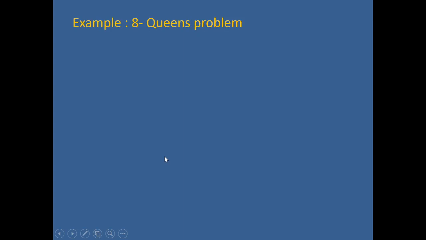To explain backtracking, one of the first examples we can take is the n queens problem. Here it is given as the 8 queens problem, that means the n value is 8. Whatever it may be, in the n queens problem, you have to place n queens on an n cross n chessboard in such a way that no two queens attack each other.